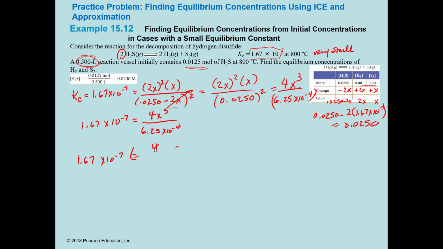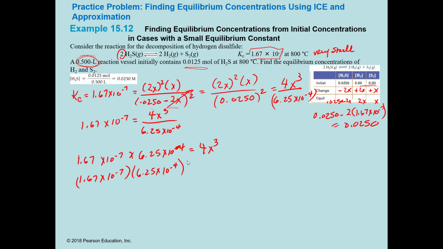So the 1.67 times 10 to the minus 7, which equals the 4x times 6.25 times 10 to the minus 4, is equal to 4x cubed. All right, so before I get all crazy and start doing things, I've got to get rid of that 4. So I divide both sides by 4.